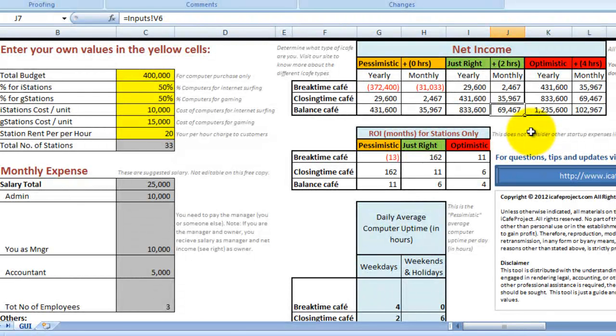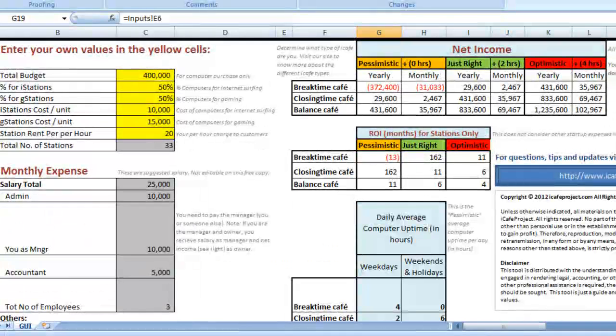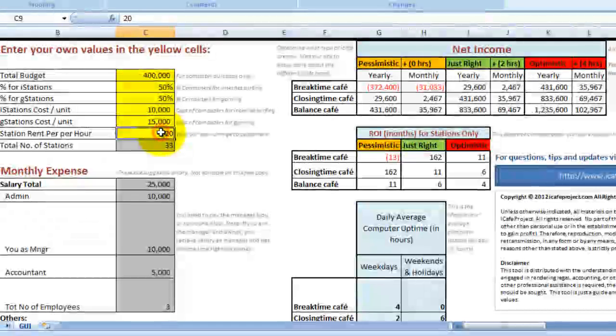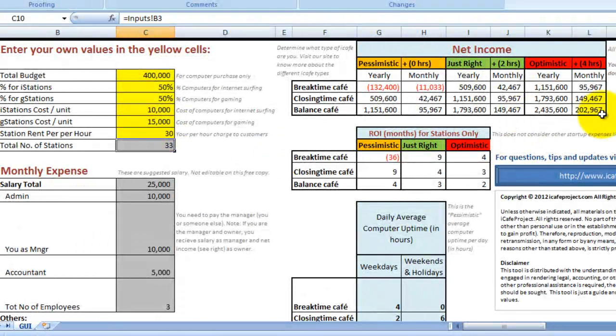And imagine if you have a monopoly in that area, you'll be able to dictate 6 plus 4, 10 hours average computer uptime, and that will bring you to 102,000 pesos monthly with just 20 pesos. Imagine if you have a monopoly, you can increase this to 30 pesos. And how much would you gain? You'll be able to realize a net income of 202,000 pesos.